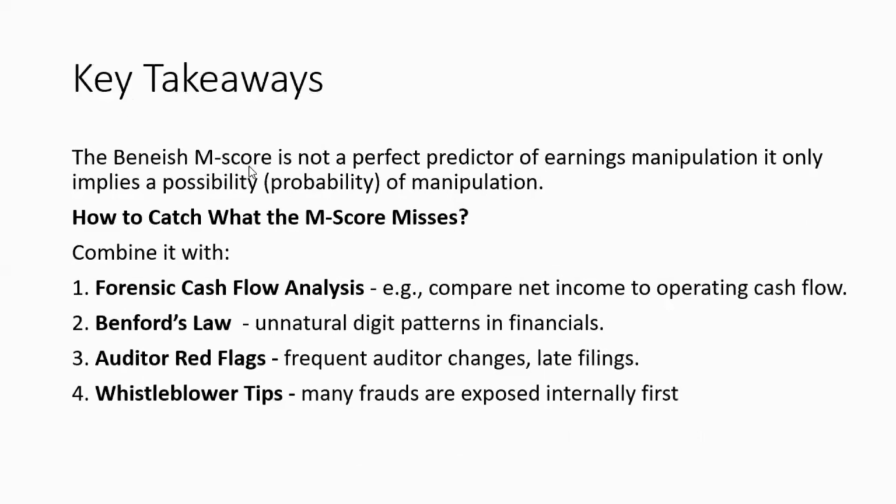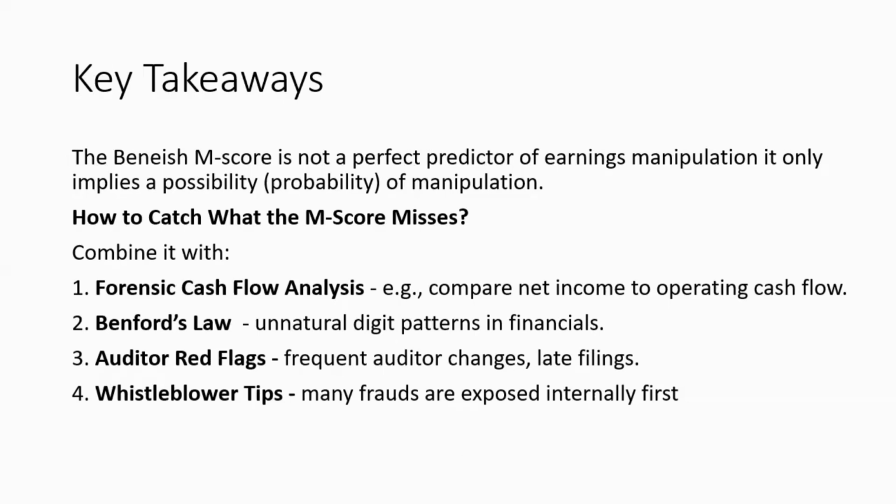And also, though we have these limitations in our Beneish score, we can combine it with other items such as forensic cash flow analysis, Benford's law, auditors' red flags, and whistleblower tips.